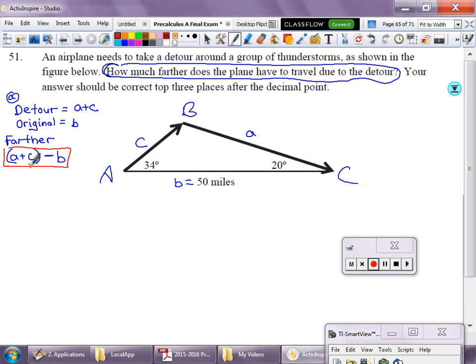B is to find the angle opposite, so we could use law of sines, and angle B is going to be equal to 180 minus the sum of 34 plus 20. Let's put that in our calculators.